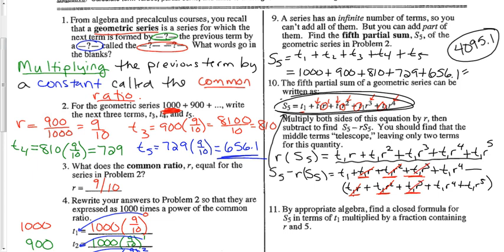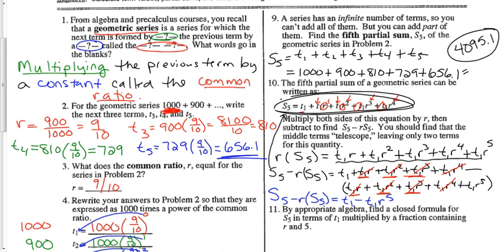Those will cancel out. My t sub 1 r to the fourth will cancel out. So I'm left with S sub 5 minus r times S sub 5 equals t sub 1 minus, don't forget you're distributing that negative, t sub 1 r to the fifth.